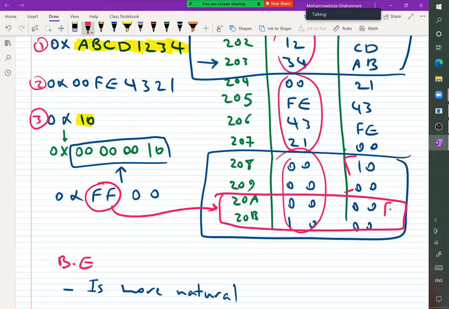F and 0 10. So we can simply add our offset to higher addresses without doing any addition.